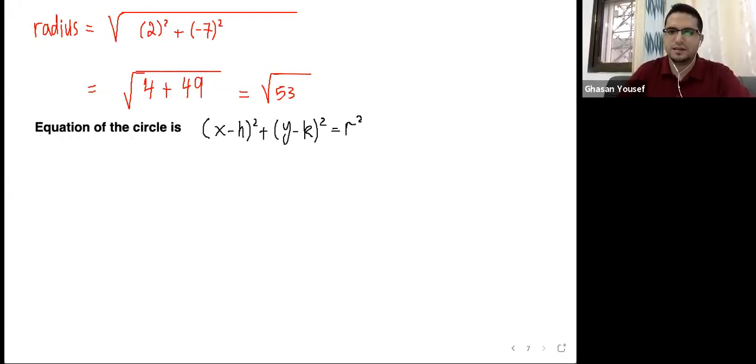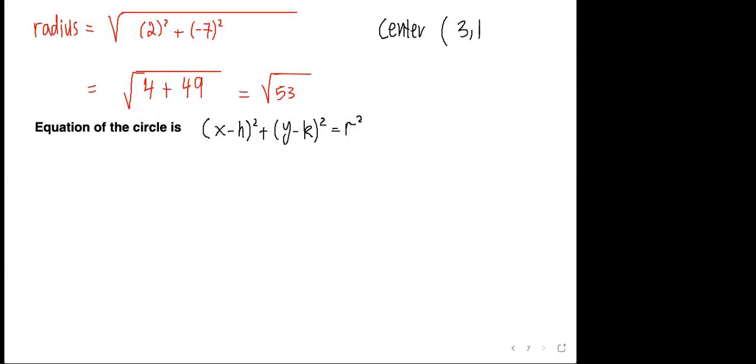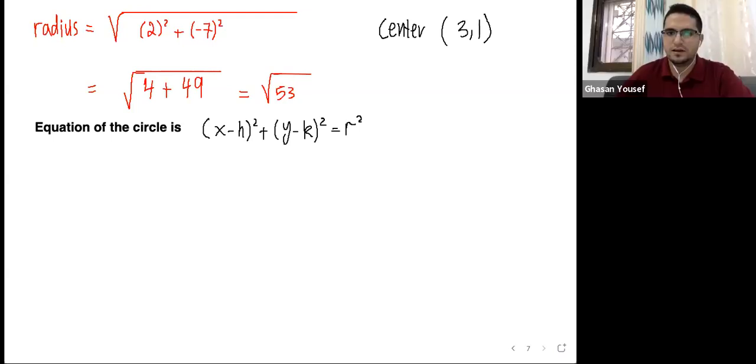Now we plug in. The center in this question is 3 comma 1, and the radius r is the square root of 53.